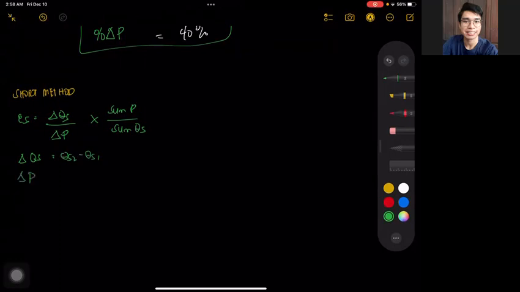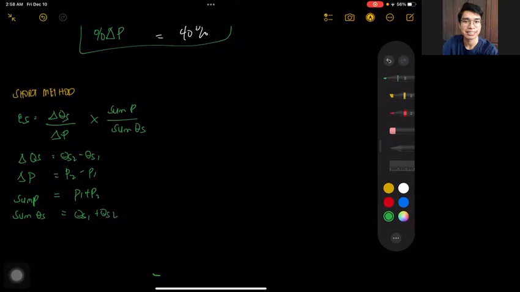The change of price is equal to P2, yung pangalawang price, minus P1, and the sum of P, of course pag-add lang natin, P1 plus P2, and the sum of QS is equal to QS1 plus QS2.